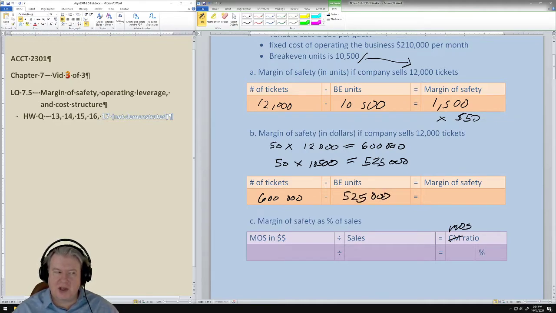And so the margin of safety is 75,000, and as you see, you could have gotten that number here.